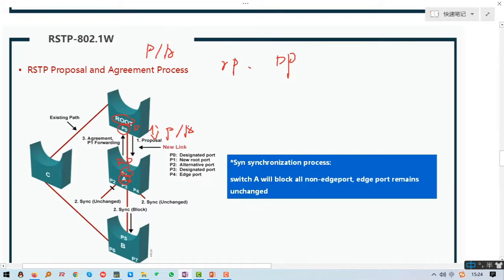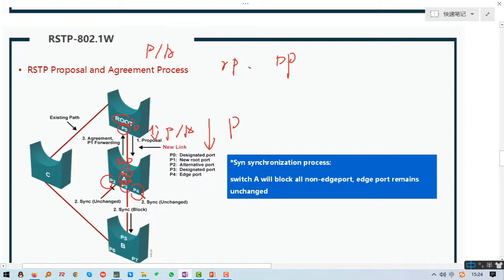Second, P0 of root sends a proposal to port 1 of switch A, and port 2 and port 4 of A are blocked, and the edge port directly reaches the synchronization state.